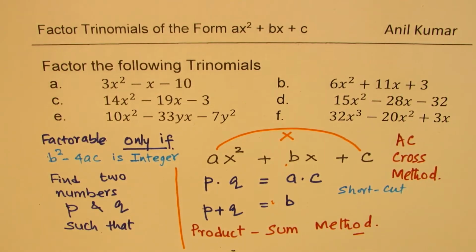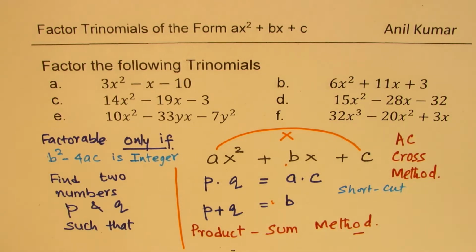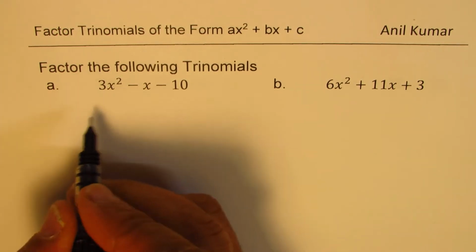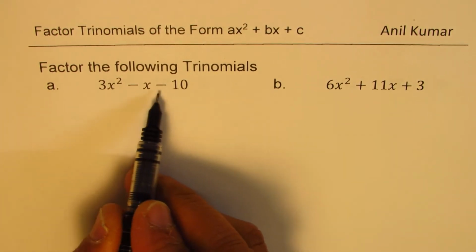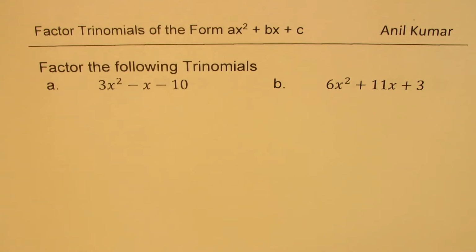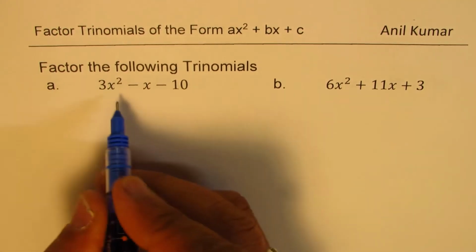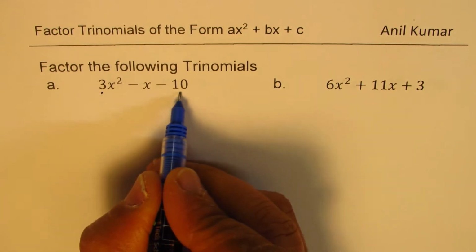So we'll go with AC cross method or product sum method, as you may prefer to call, and let us see how to apply this method to factor. The very first question here is 3x squared minus x minus 10. Now we are looking for product of a and c.